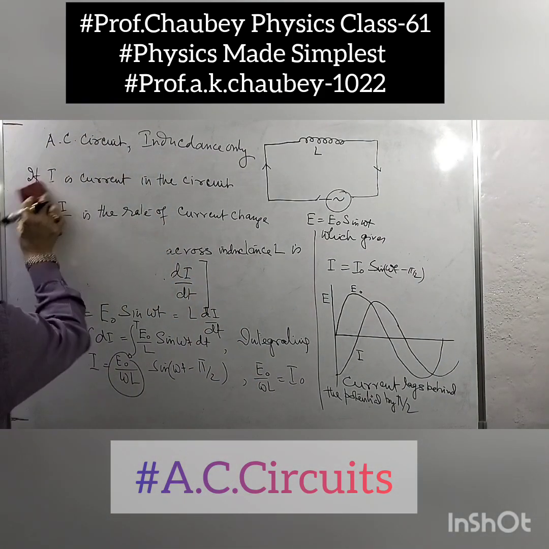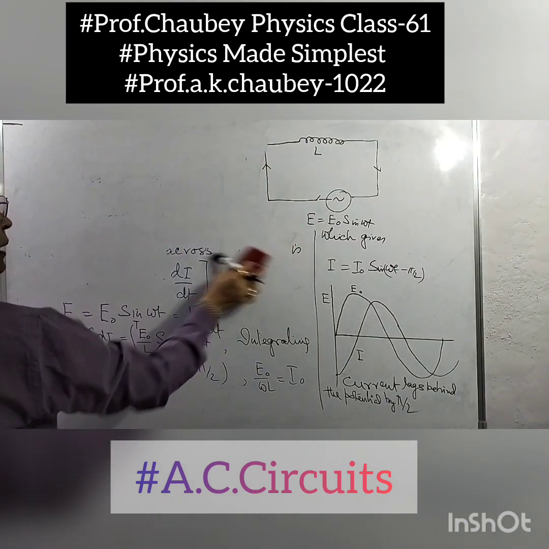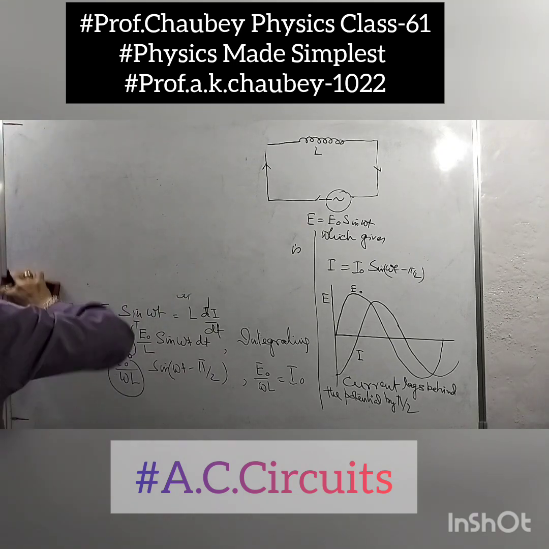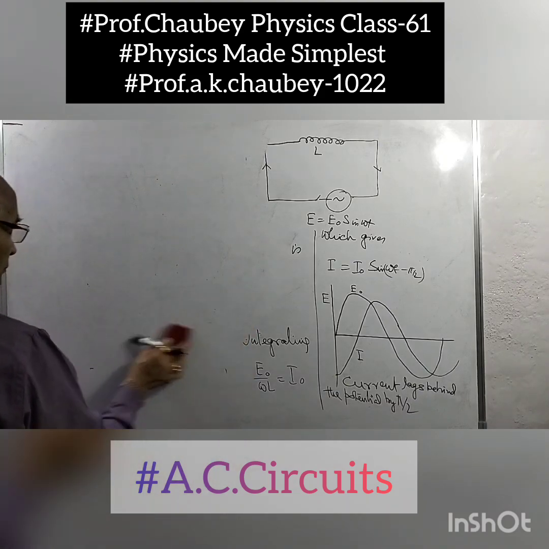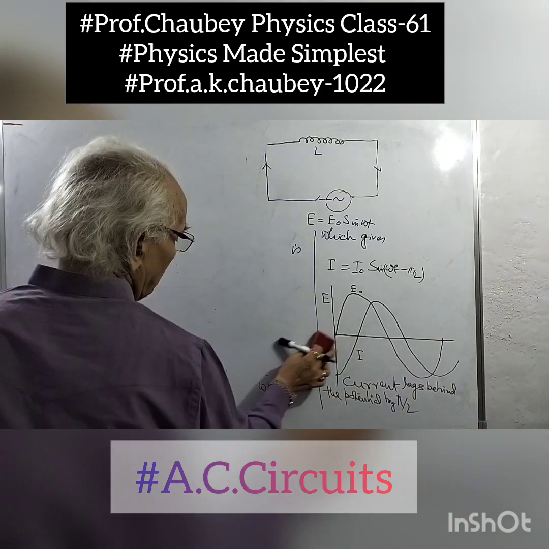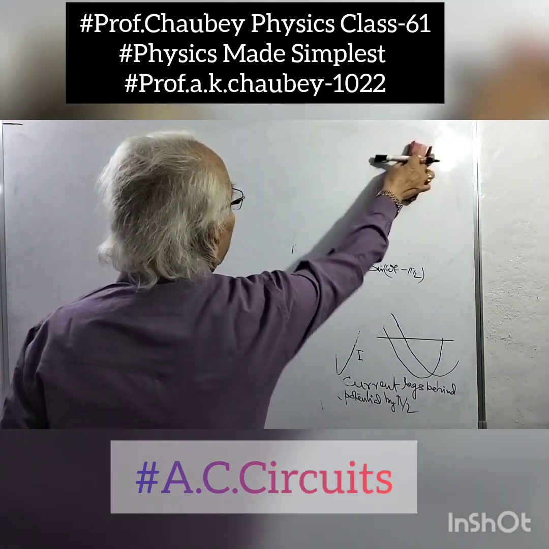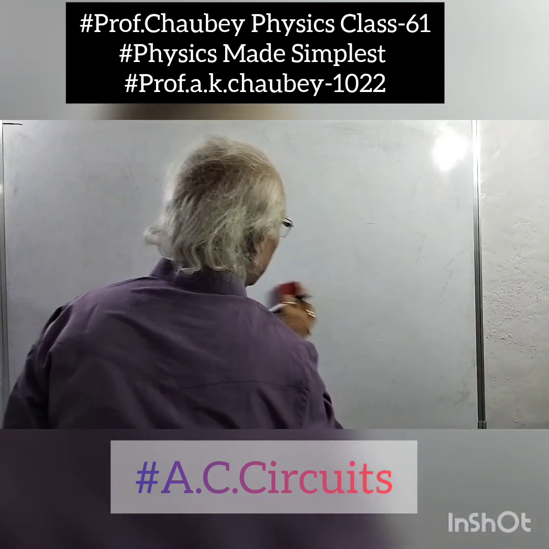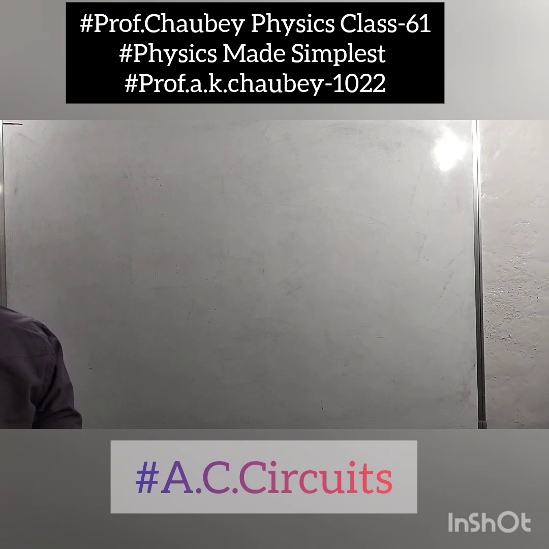This is called the phase difference between the potential and current. Current is behind because the inductance is not allowing the growth of current. So current lags behind the potential. Now, what we can do, something more.